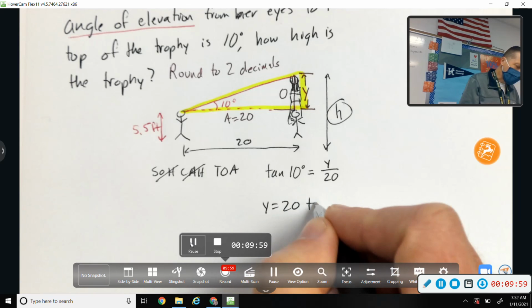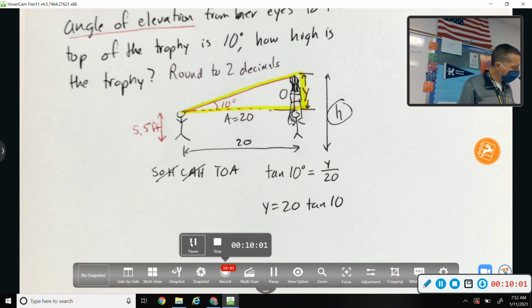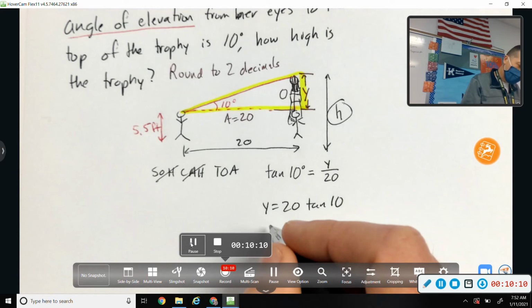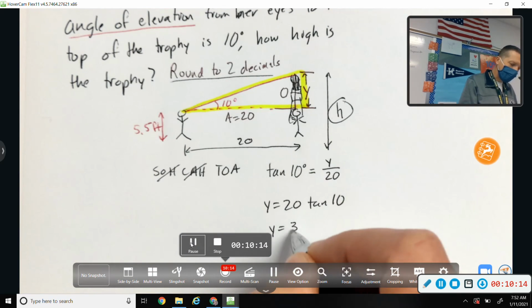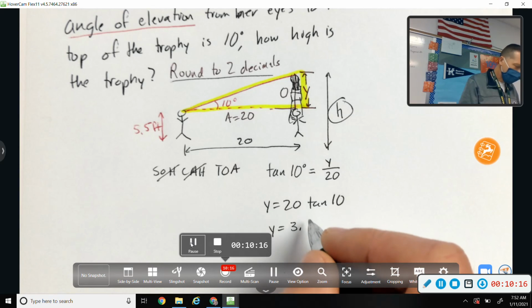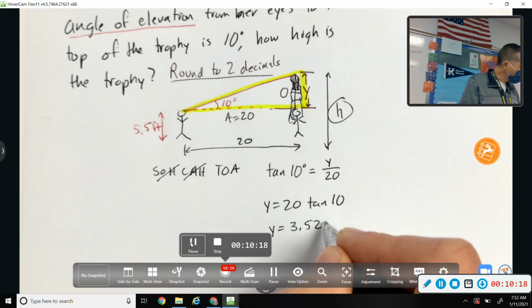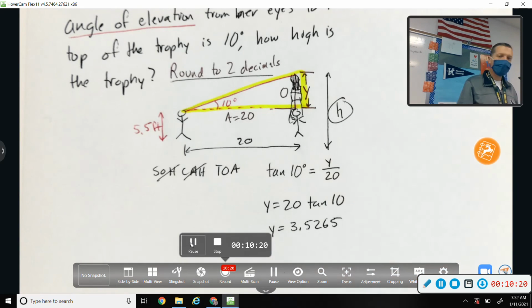Y equals 20 tangent of 10. So calculator, 20 tangent 10, 3.526. I rounded to 2 decimals, but we'll carry a few more than that until we get to our final answer. 3.5265. I've also got it in the calculator, so I don't really have to worry about it.